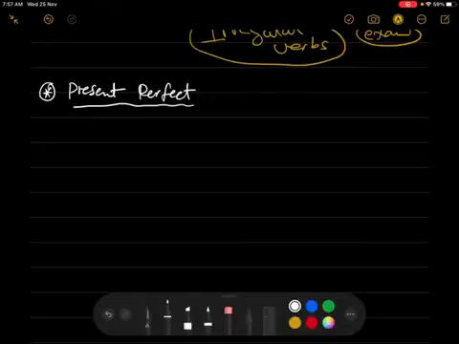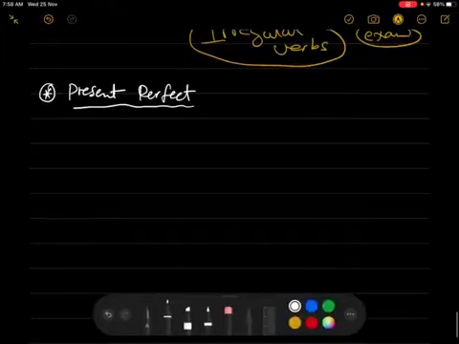Now let's talk about present perfect. As we have agreed, we will be comparing past simple with present perfect. When should we use present perfect? We use present perfect when we want to express or tell about a completed action in the past, but it has traces in the present.